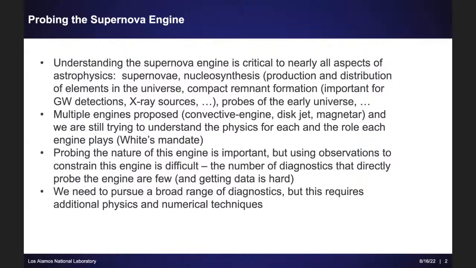It could be you form a disk around the compact remnant, and that disk wind blows a very bimodal explosion. So there's different engines like this. You can also have magnetars. We want to understand what is the dominant engine for supernova that we observe. The other engines will exist.